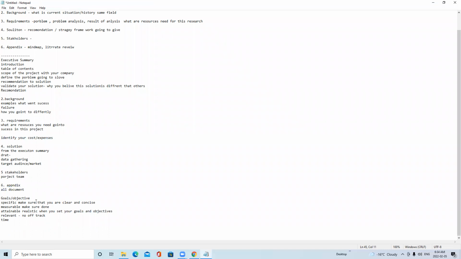And finally, coming to the mind map, when you set goals and objectives, we can go the SMART way. SMART means Specific: you need to be specific about what goal you are making. Let's take an example, I have given this one in the SWOT analysis also.